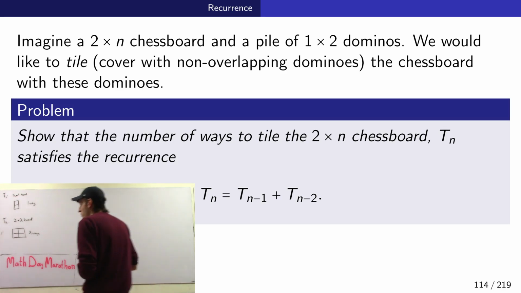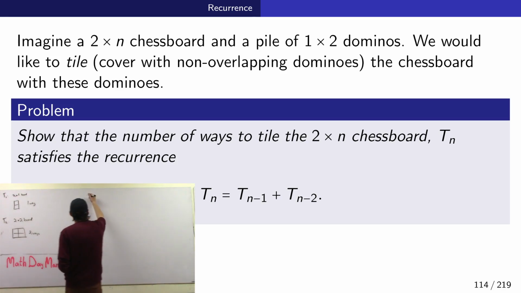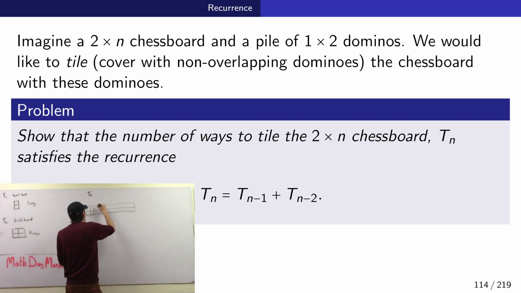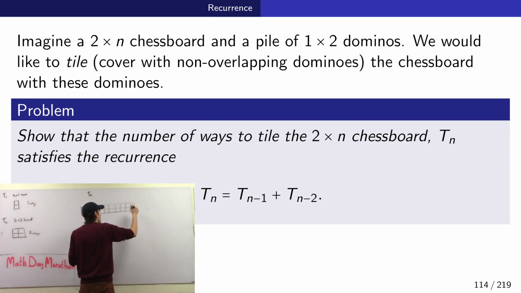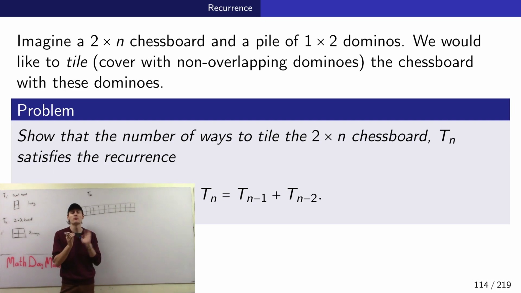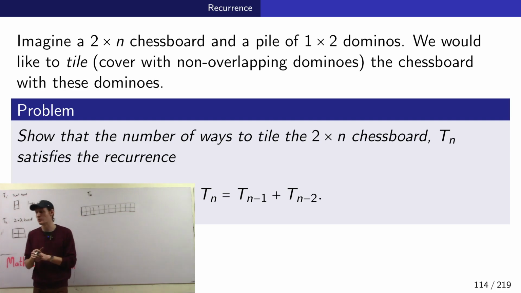So now we have these first couple, but let's look at a general t sub n. So I have a 2 by n grid right here, or 2 by n chessboard. Again, the power of recurrence oftentimes is we can use a smaller subproblem and use our recurrence and have an understanding of the count there to relate it to a new problem.